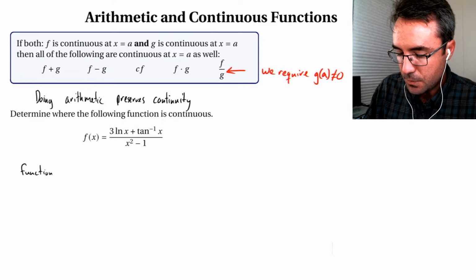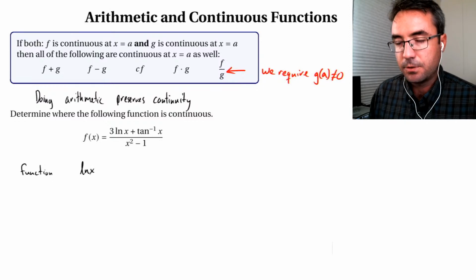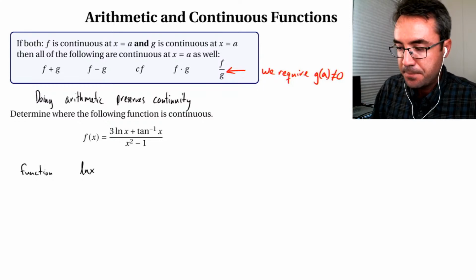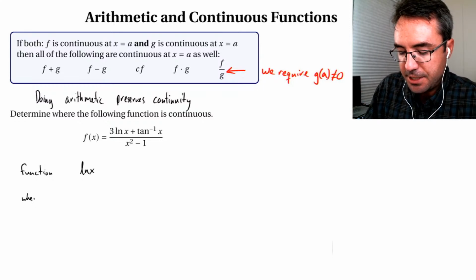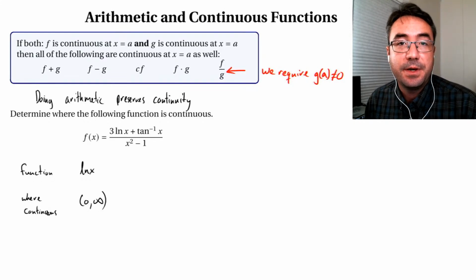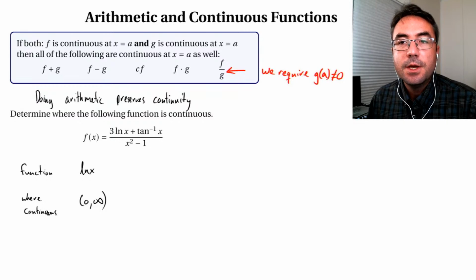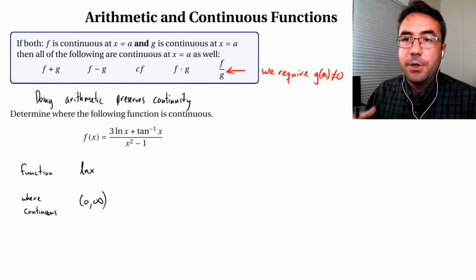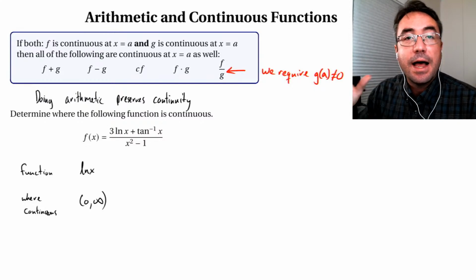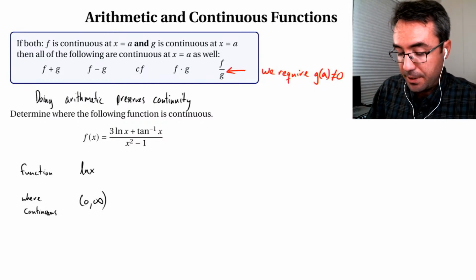So we're going to just talk about natural log x. And this is one of our elementary building block functions. Where is that function continuous? Well, we said we had it on our list. It's continuous on the interval from 0 to infinity. So natural log is continuous. There are no breaks or jumps in its graph on that interval, 0 to infinity, the open interval.